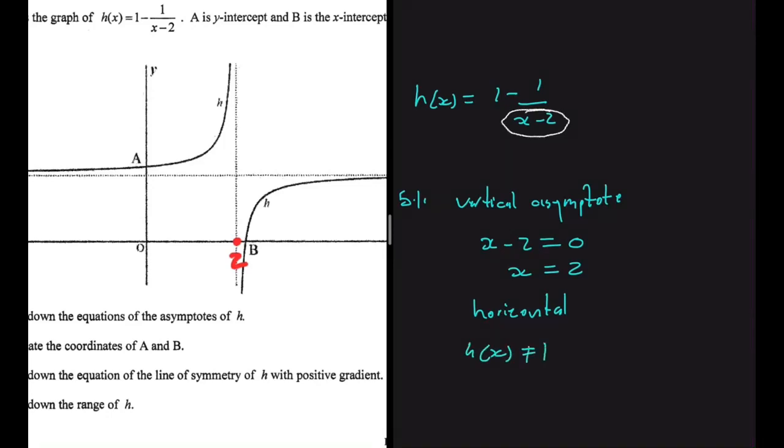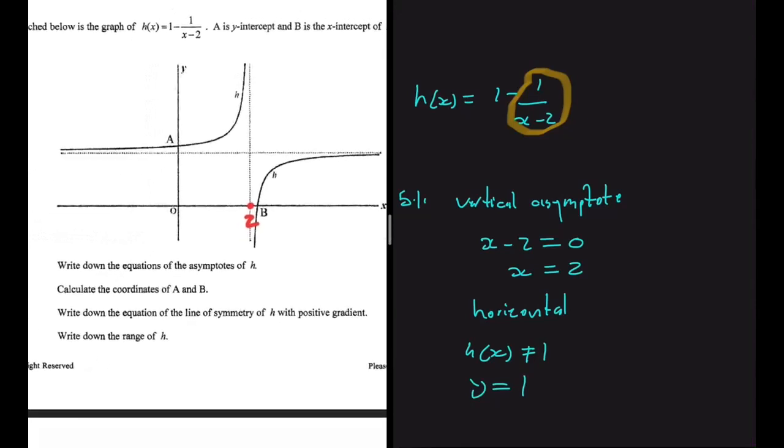Why am I saying that? Because for h of x to be equal to 1, we would need this part of the equation to be equal to 0, and we know fully well that that can never happen. So our horizontal asymptote will be y is equal to 1.